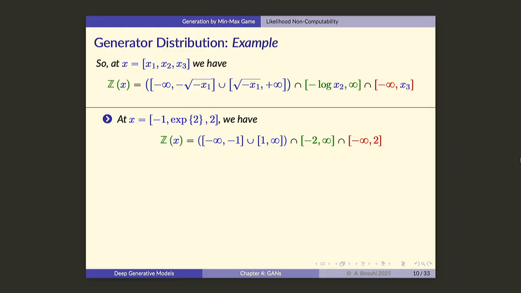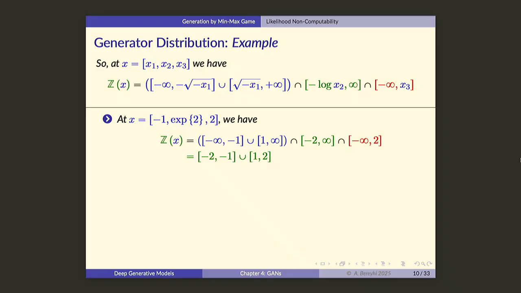The second one is exponential of 2, so minus log of x2 is going to be minus 2. And the last one is x3 itself, which is going to be 2. Meaning that the set of valid points here is going to be between minus 2 and minus 1, and 1 and 2, right? So this set and this one.